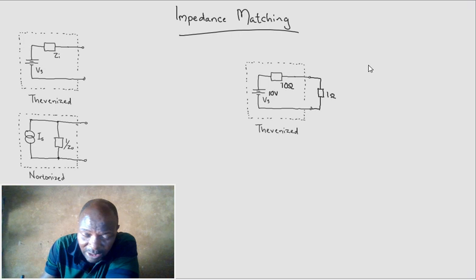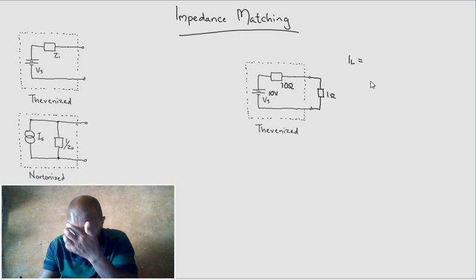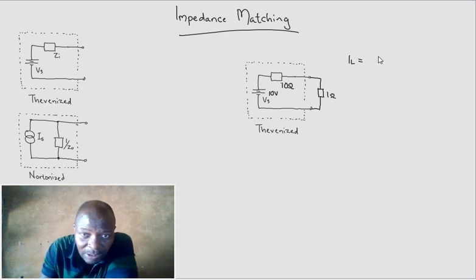Now let's suppose that we have this. The current to the load, IL, would therefore be what? It will be V_TH, or V supply. In this case we use V supply, but it will be V_TH in a Thevenin situation, over a total of 10 plus 1, which is 11.